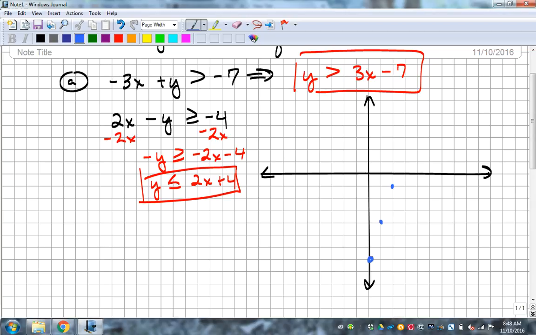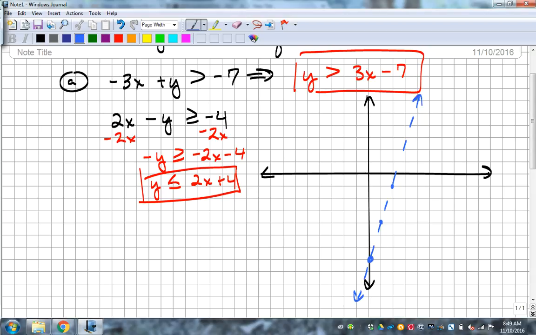Well, the shading happens whether it's open or closed. Dotted or solid? This one would be a dotted line. That's what it means to be open in a linear sense.